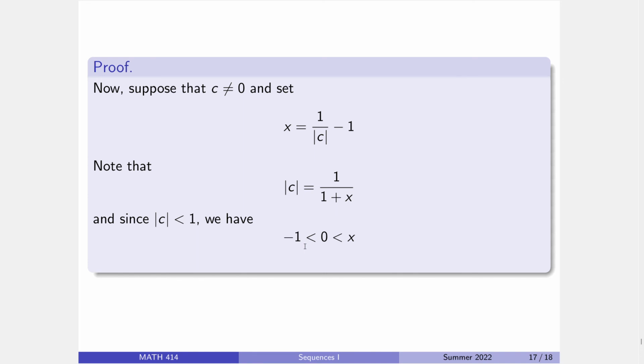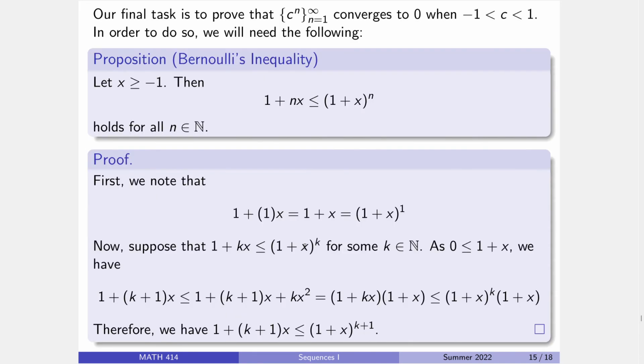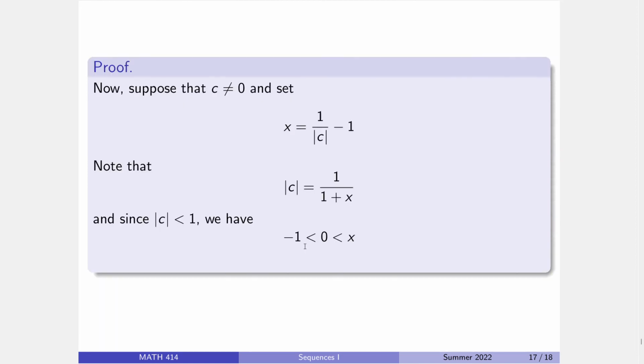Now, why am I pointing that out? Well, we just did Bernoulli's inequality, where you need x to be bigger than negative 1 in order to invoke it. So here we see why I needed c not equal to 0. We got our absolute value of c equal to this expression, and it was created using an x that's bigger than negative 1, so Bernoulli's can apply.